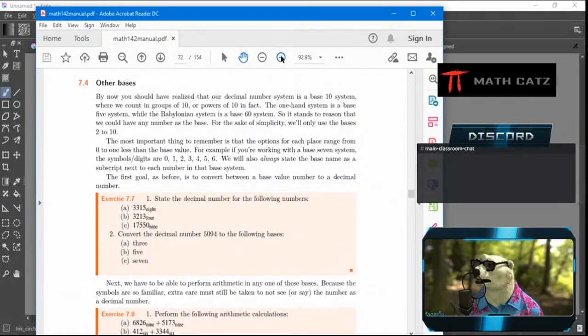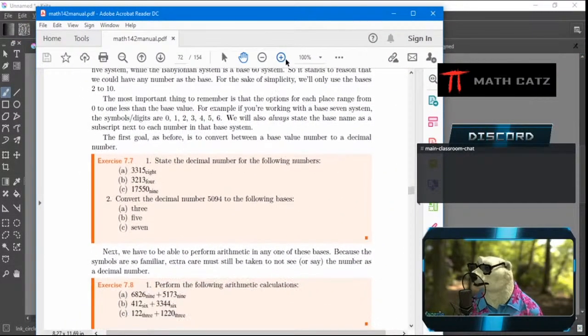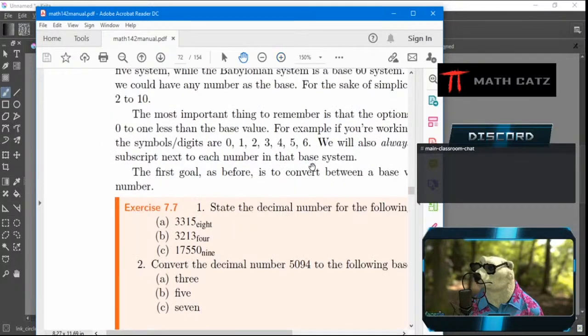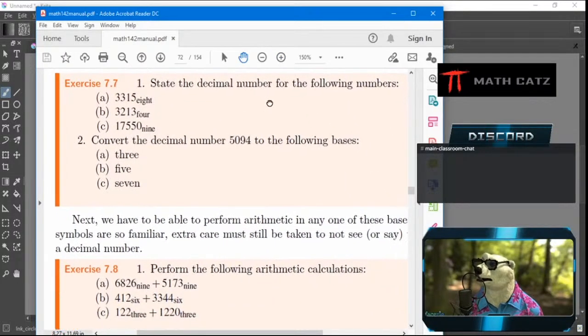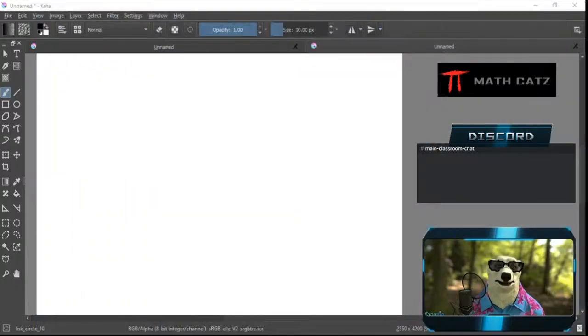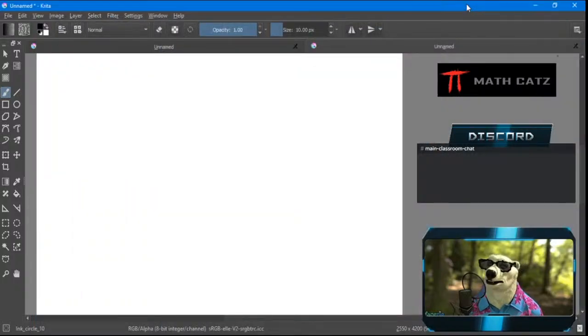So let's have a look at some exercises. In 7.7, there are some that I can practice with to just see what's different, what do I have to pay attention to, what's similar, and you'll see if you've been keeping up with what we've done, a whole bunch of stuff will be similar.